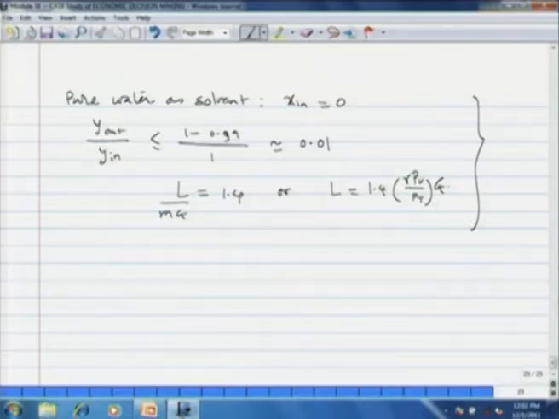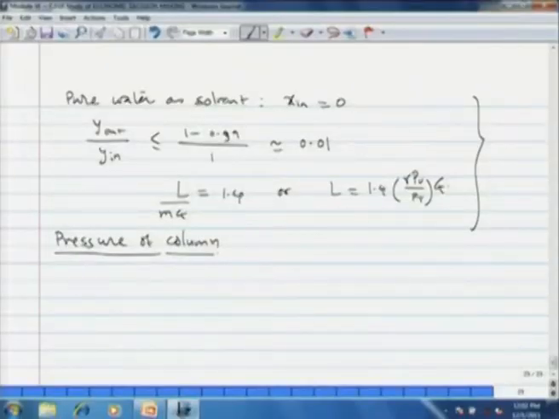Now, another information that is not available with us right now is the pressure of the column. Okay. We have assumed in our previous calculation that the pressure of the column would be close to atmospheric. However, let us see what consequences the design will have if we change the column pressure.